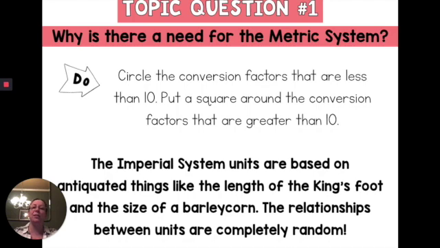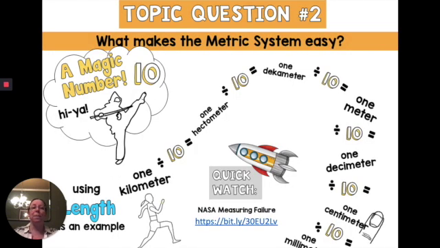The metric system is a little bit different though. The metric system is easy. It's really simple because every single unit in the metric system is based off of one magic number, 10, which is really cool, right?